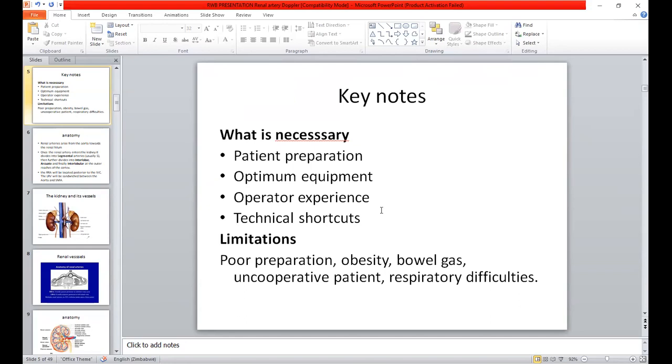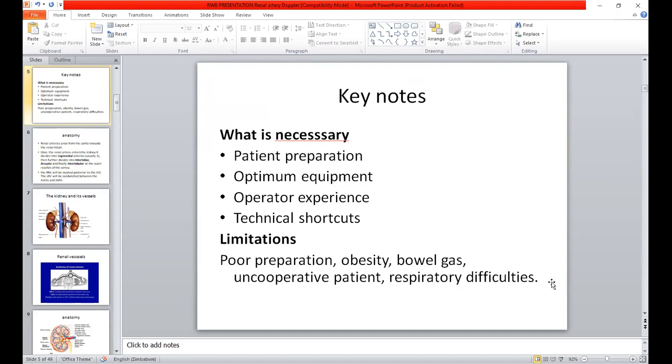By the time we touched the probe, he would be frightened and think we wanted to do something bad. He would wake up on the bed and start crying. So those kinds of patients are actually a problem to examine. Sometimes you may need to sedate the patients, but with these patients, the doctors were also reluctant to do so because they were not sure about what was happening in this patient.